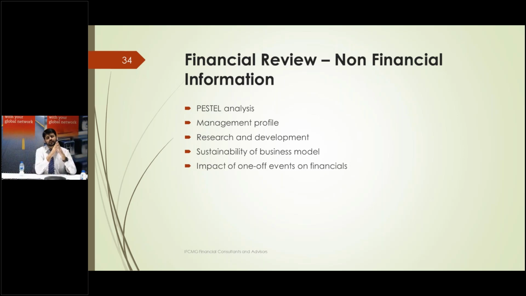Technological, again. Technology has over the past decade really changed the landscape of businesses, and tech-based innovations have disrupted conventional businesses. The success stories of Uber, Careem, and Airbnb are in front of us. The impact of this disruption needs to be considered on the company's financial performance as well.